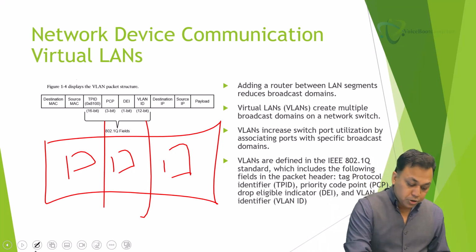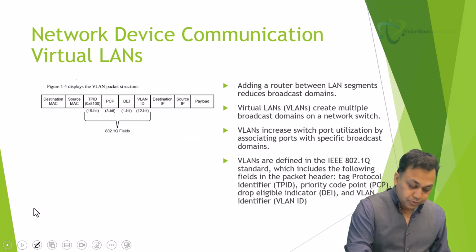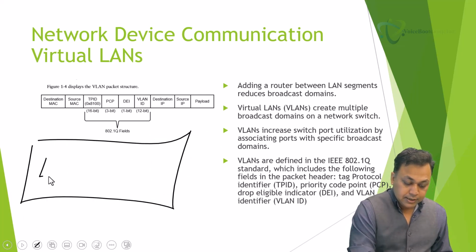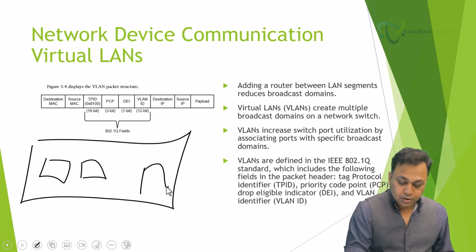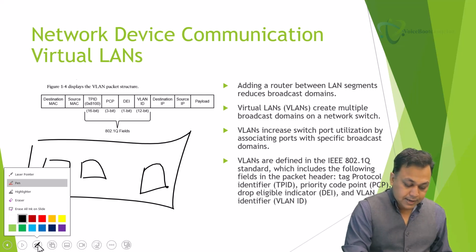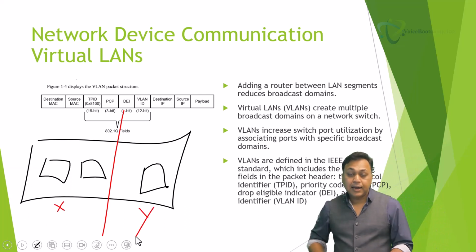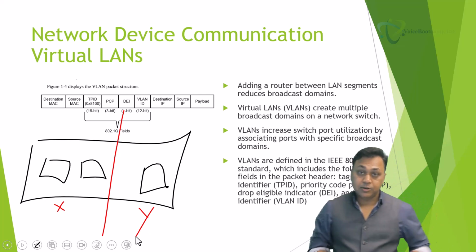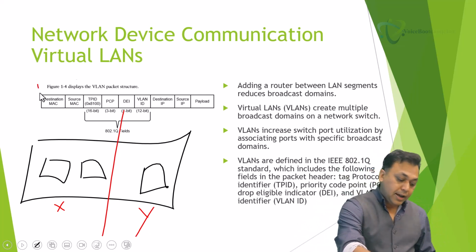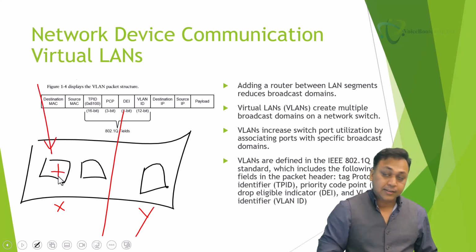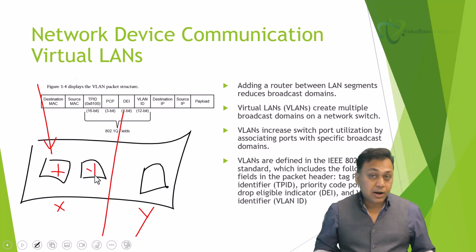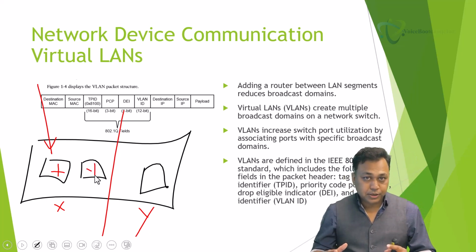That means if I go back to my previous design, let's say I have a switch here and I have 2 ports, and I decide that there will be a VLAN X here and a VLAN Y. In this case, VLAN X has two computers, and VLAN Y has one computer or one port. So whatever happens on VLAN X, the other VLAN may or may not be able to see that information or communicate successfully.